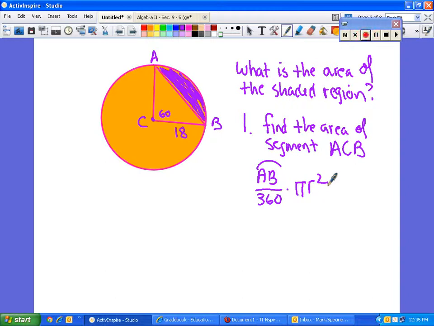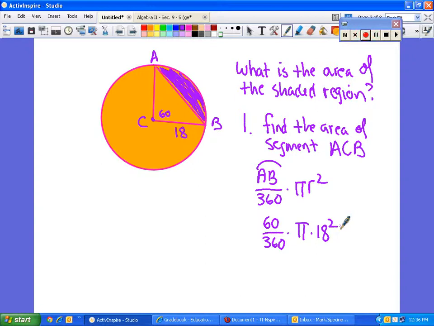You will recall from yesterday's lesson the relationship between an angle and its arc. So if this angle is 60 degrees, how long is this arc? It's also 60 degrees. So we have 60 divided by 360 times pi, and my radius is 18, so pi times 18 squared. You want to leave this in terms of pi.